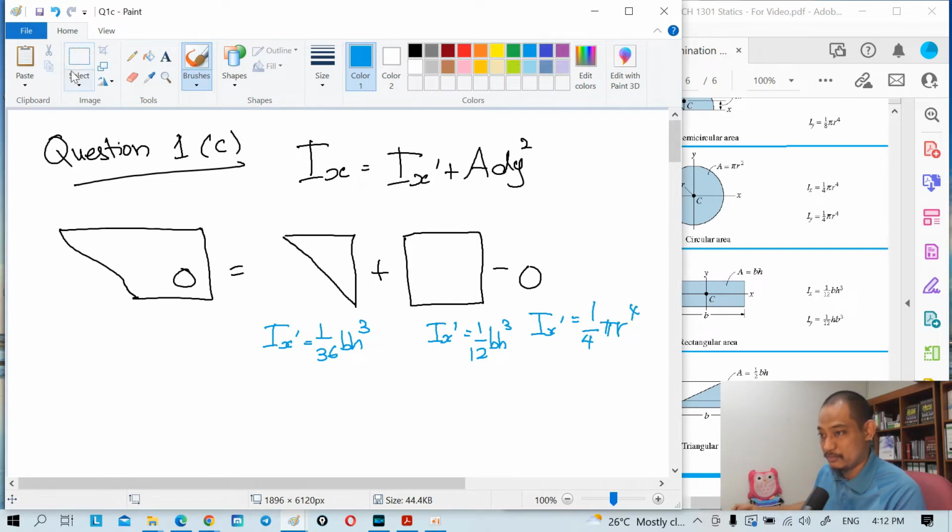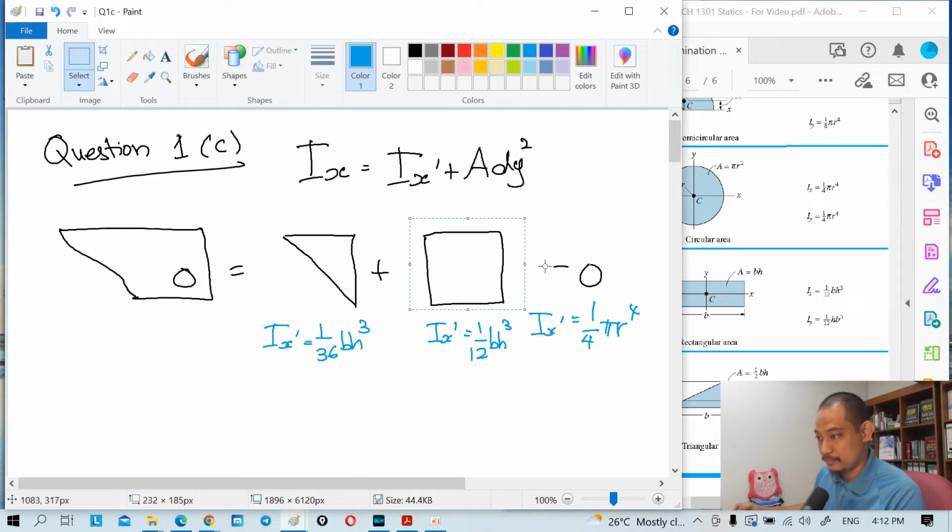Okay, let's shift this a bit, because this is for this one, and this one is here. Hopefully you can still understand what's going on. So the triangle plus the rectangle minus the circle.